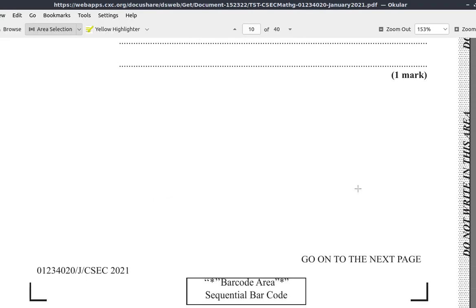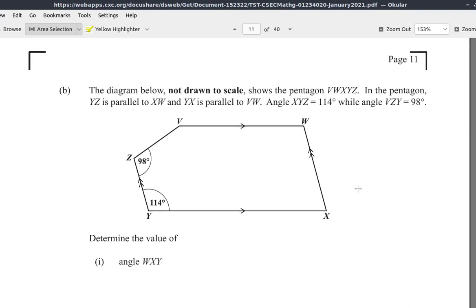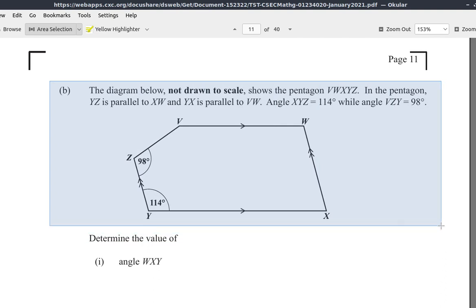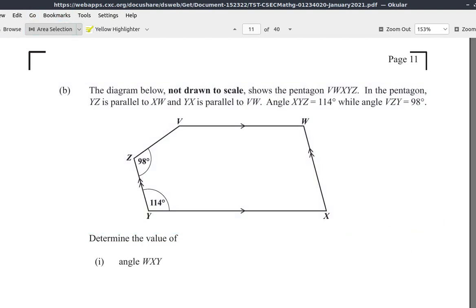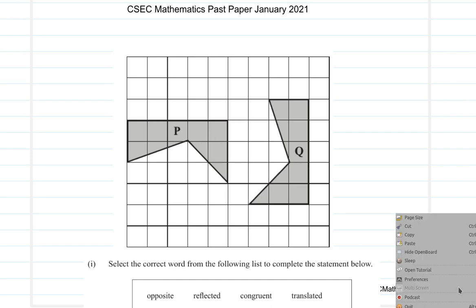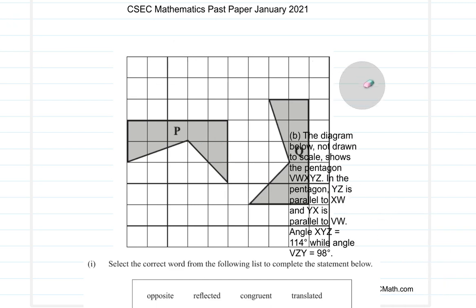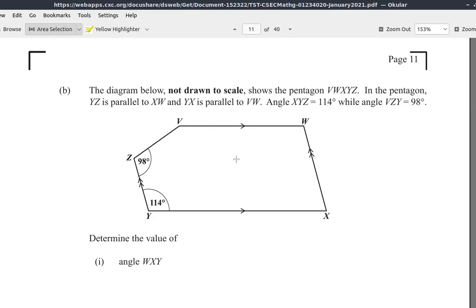Now, let's see. Alright, this is part B. The diagram below, not drawn to scale, shows a pentagon. Let me just copy this object and paste it over here. Oh, let me try that again.